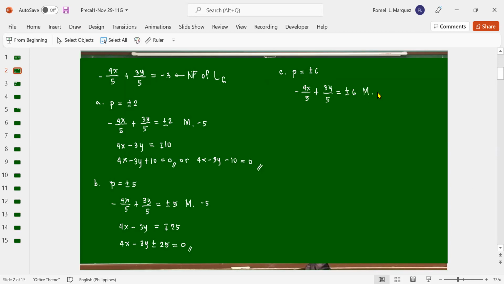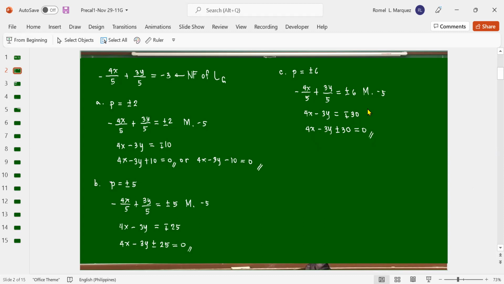Let's multiply by negative 5 each side, getting 4x minus 3y equals negative positive 30. Expressing this in general form, we have plus or minus 30, this constant now, equals 0. So finally, we have 4x minus 3y plus or minus 30 equal to 0.